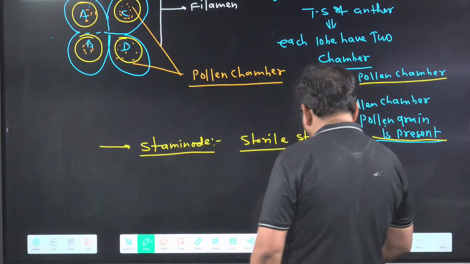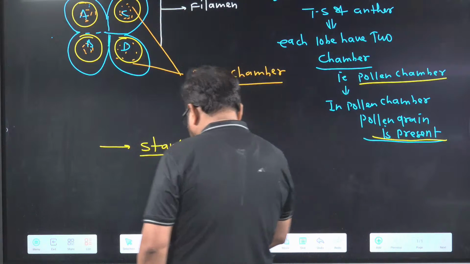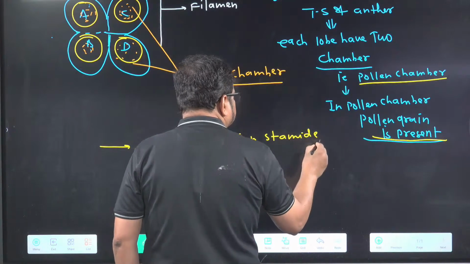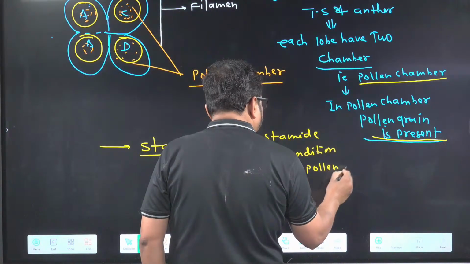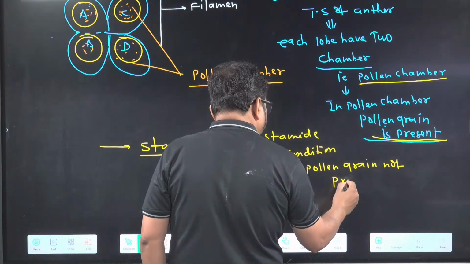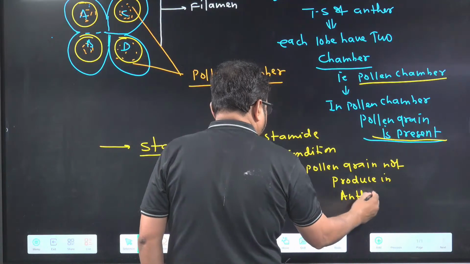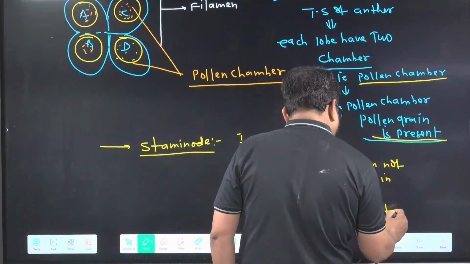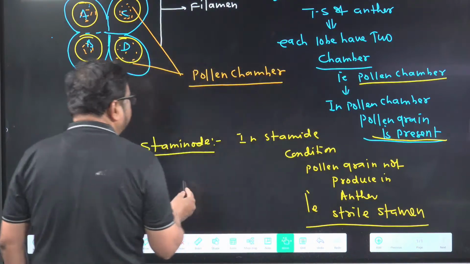In staminode condition, pollen grain is not produced in the anther. And that is the reason we are telling it is a sterile stamen. Getting the idea? So staminode is over also.